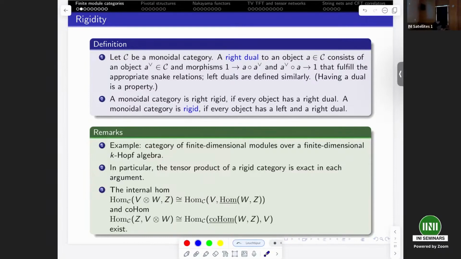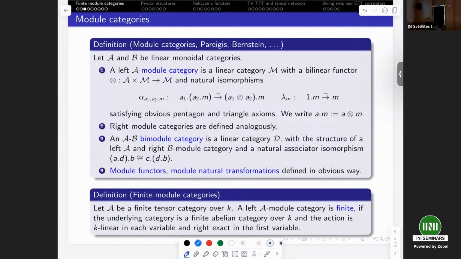The inner hom gives us a functor from C^op × C to C. And since the tensor product is exact, it also has a left adjoint, which we call the cohom. That's the name that's in the literature. So that will play a part.